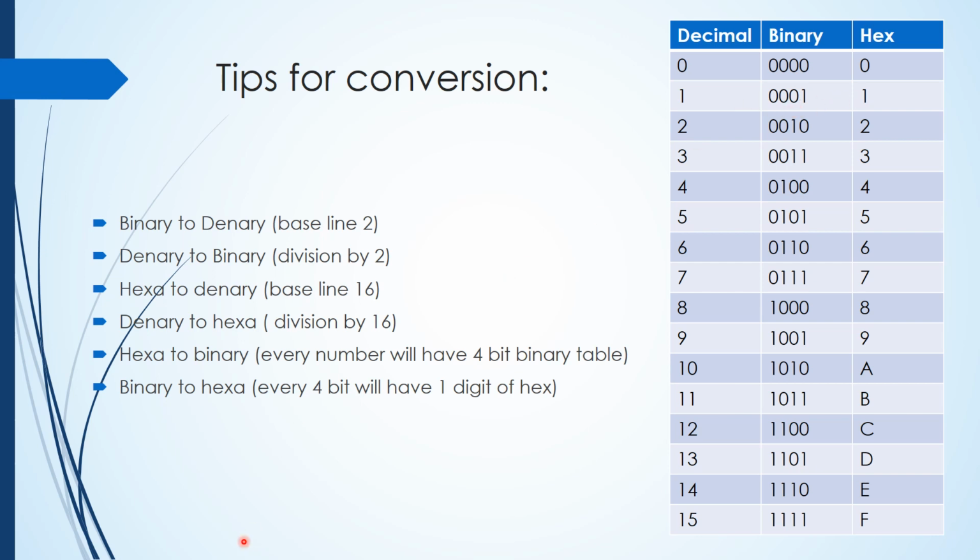Just remember this binary baseline. 2 raised to power 0, 2 raised to power 1, 2 raised to power 2, and 2 raised to power 3. 2 raised to power 0 is 1, 2 raised to power 1 is 2, 2 raised to power 2 is 4, and 2 raised to power 3 is 8.